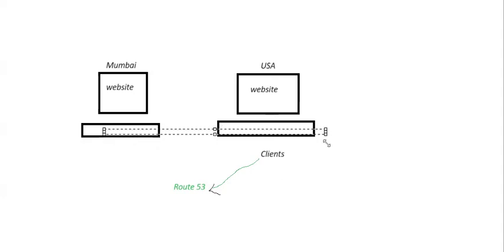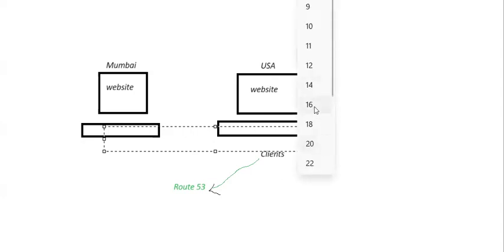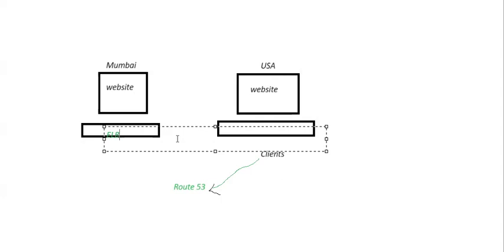ELB, that is, Elastic Load Balancer. Since my load balancer is an Elastic Load Balancer, I can visualize it using the ELB service. So let me write ELB here. That is our load balancing service in AWS.